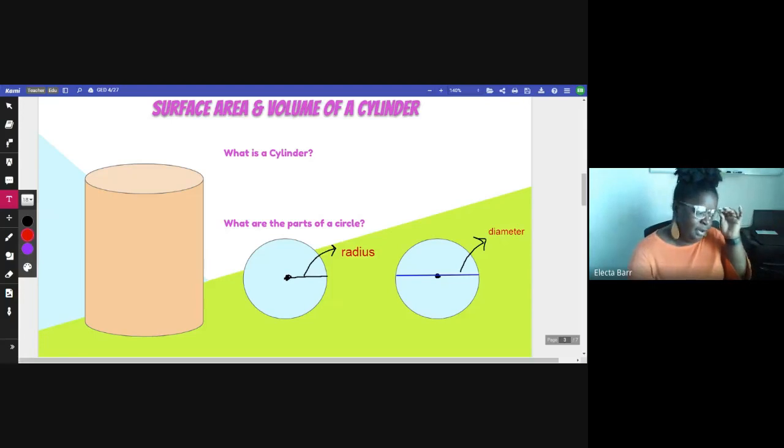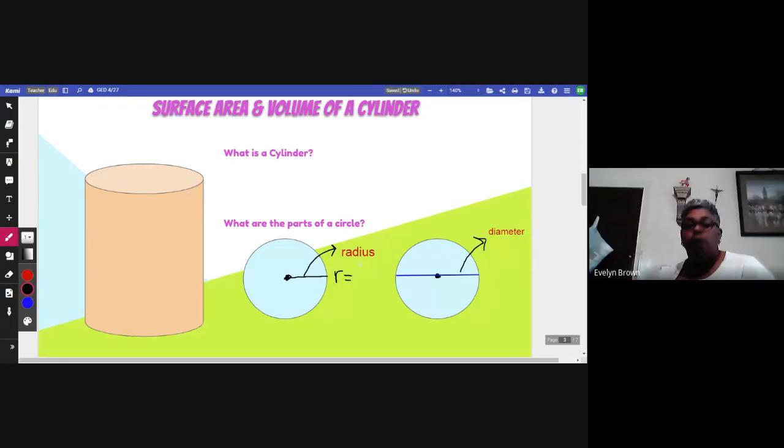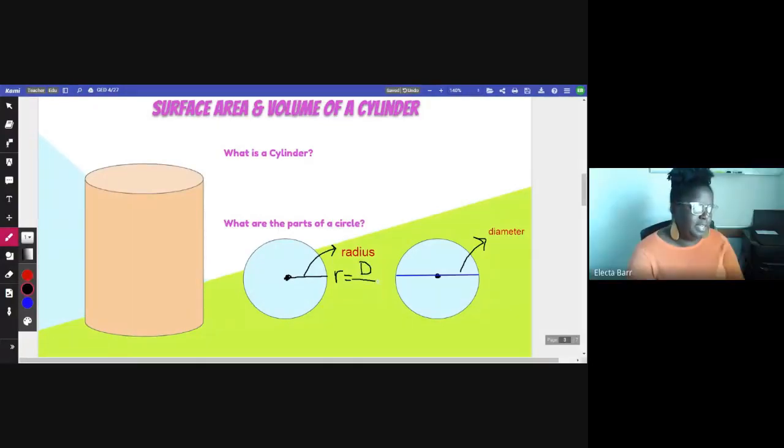So when we're building our formula, to find your radius, you take the diameter, D for diameter, and divide by 2.